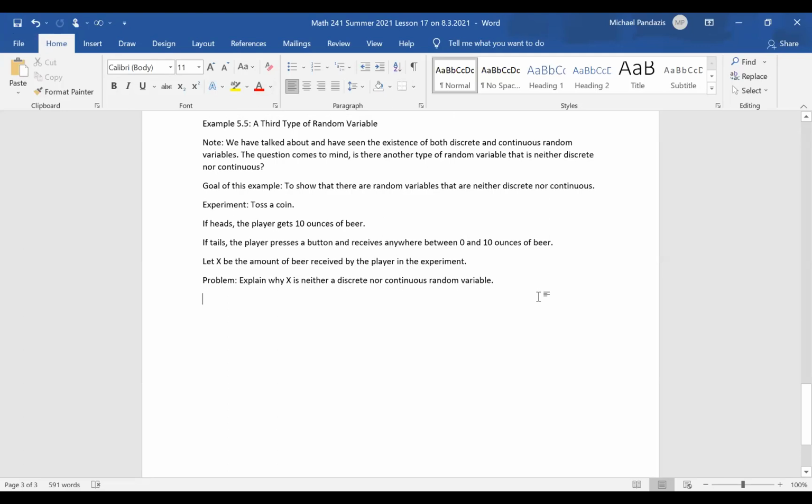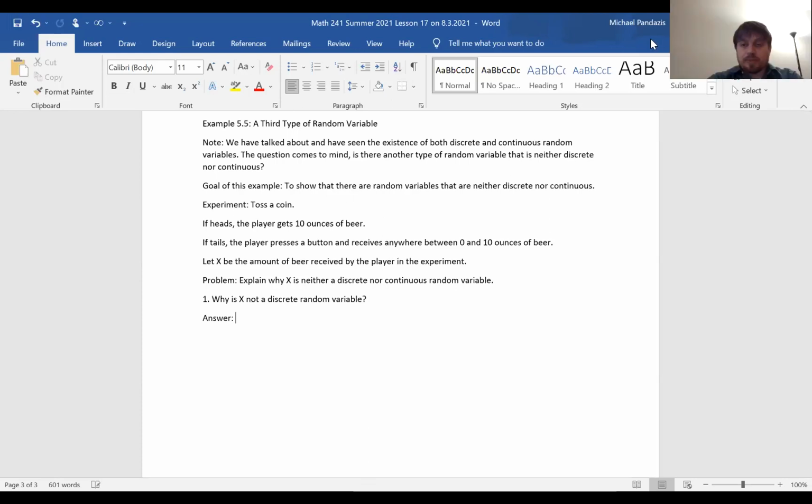So there are two things we want to show. One, why is capital X not a discrete random variable? Can someone answer that? I'm going to give you hints, and the more hints I give, the less impressed I am if you know the answer.